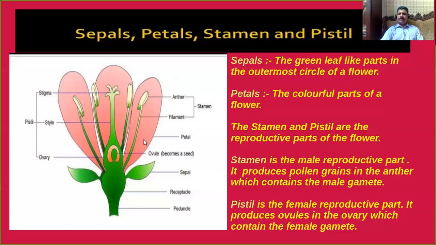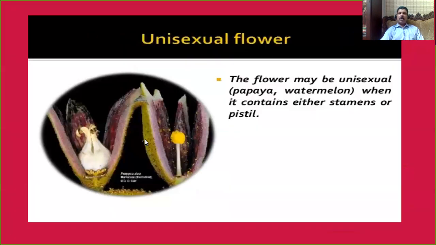Is it clear? Dear students, based on the presence and absence of reproductive structures, I mean the stamens and pistil, flowers can be broadly classified into two categories, that is, unisexual flowers and bisexual flowers. First of all, let me discuss what are unisexual flowers. Dear students, a flower is unisexual when it contains either stamens or pistil.